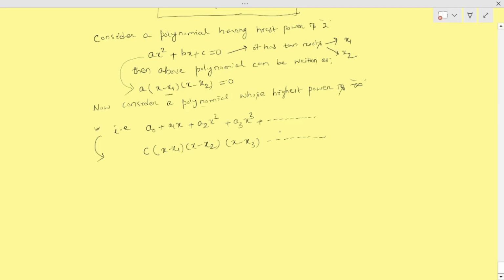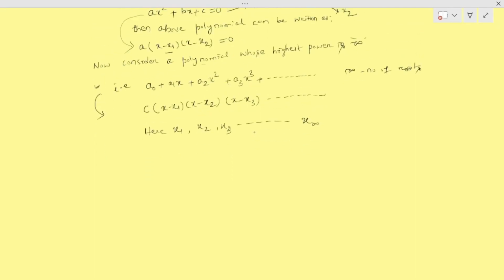Likewise, a polynomial whose highest power is infinite has infinite number of roots. If it is so, then this polynomial can be written as infinite number of products by considering the infinite number of roots. So here x1, x2, x3 up to x infinite are the infinite number of roots. So this polynomial can be represented like this.